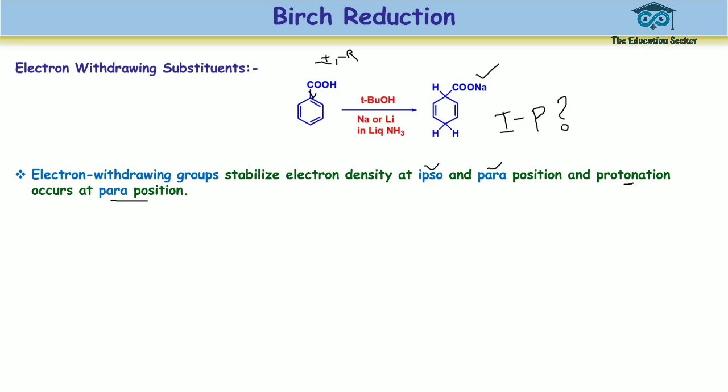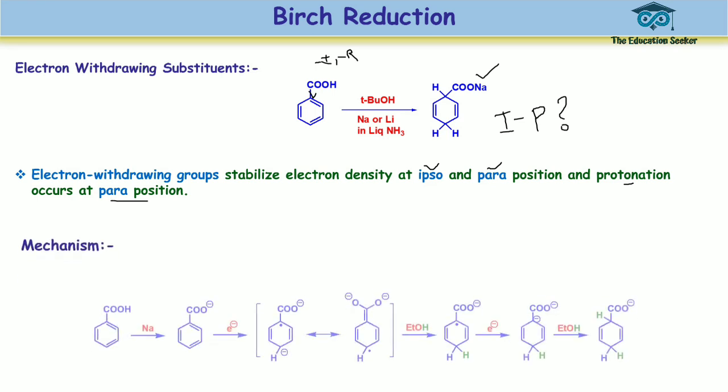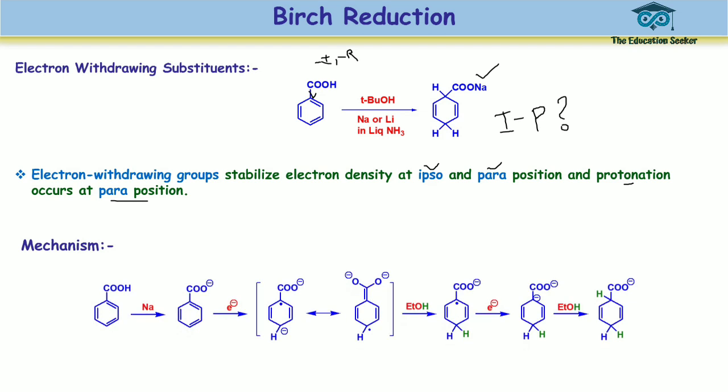So let me explain it by considering the mechanism. In the first step, the benzoic acid molecule in presence of sodium metal is converted to its salt, and then in the second step it accepts an electron to be converted into the radical dianion, right? And this is the radical dianion and this is its canonical form. Now, in the first canonical form the negative charge is on the para position, and in the second canonical form the negative charge is on the ipso position, for protonation.